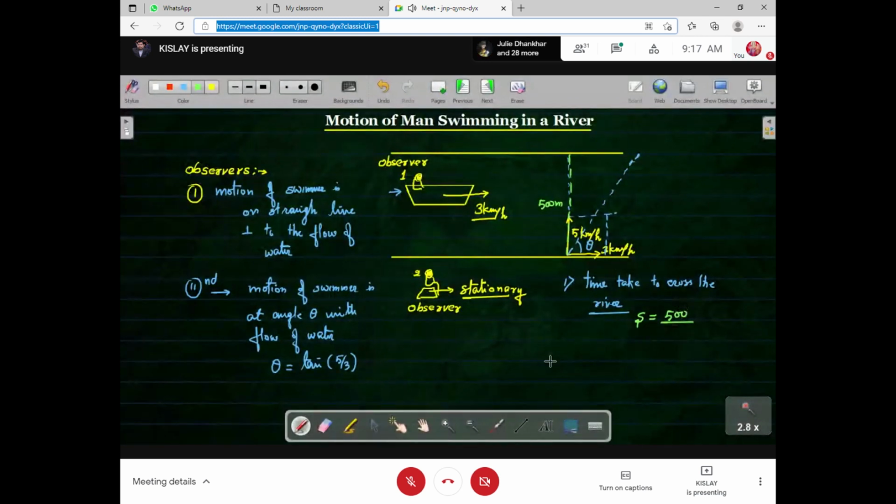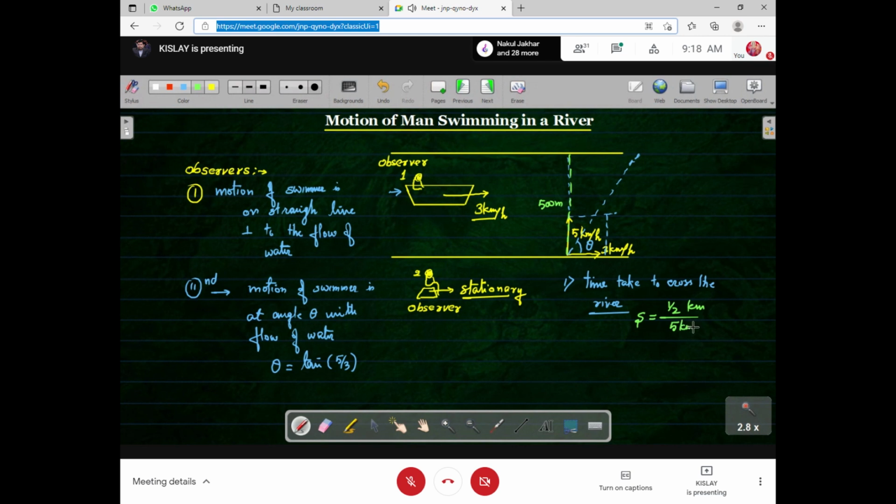We have to change it into kilometer because speed is in kilometer. It is 1/2 kilometers, that is the distance, and the speed in this direction. Listen carefully, you have to use only that speed which is in this direction, and that speed is 5 km/h.